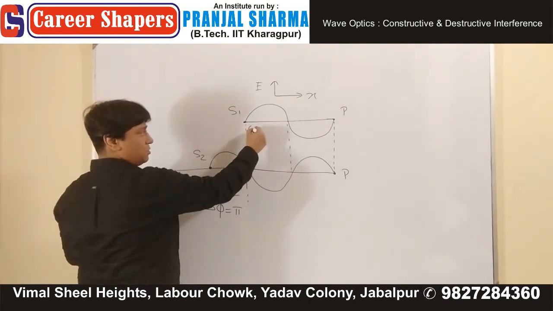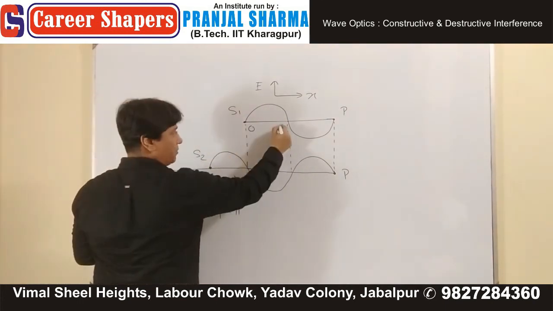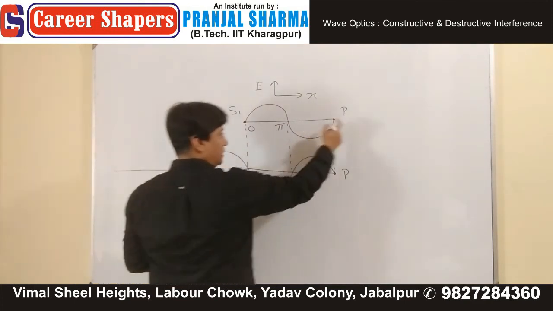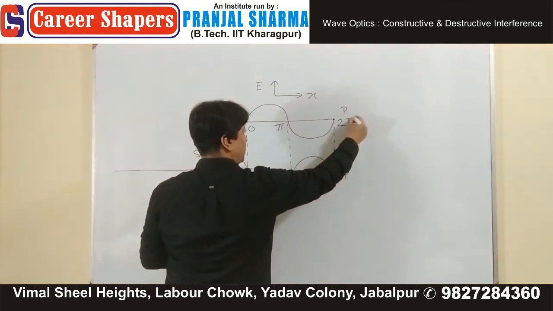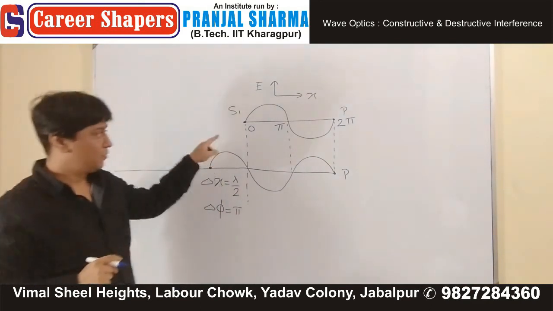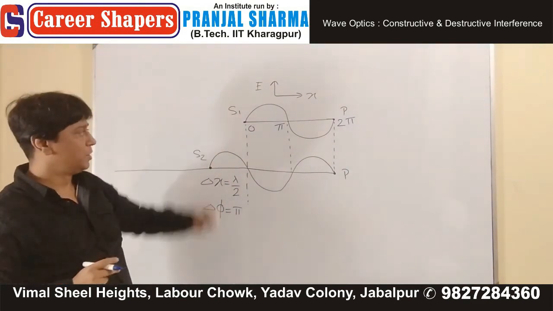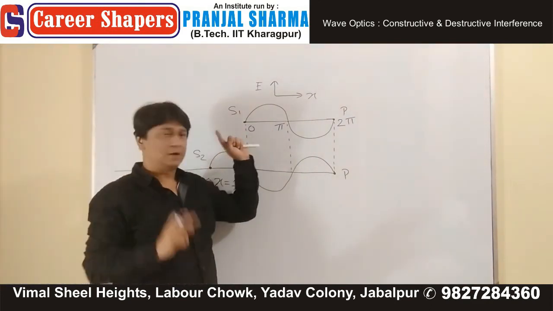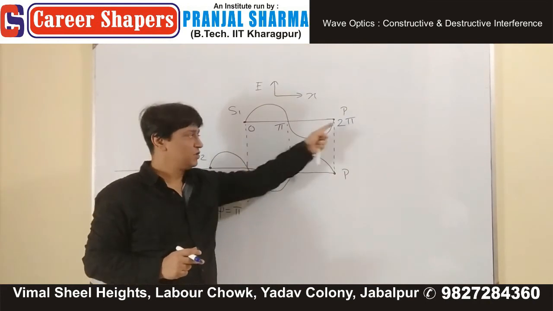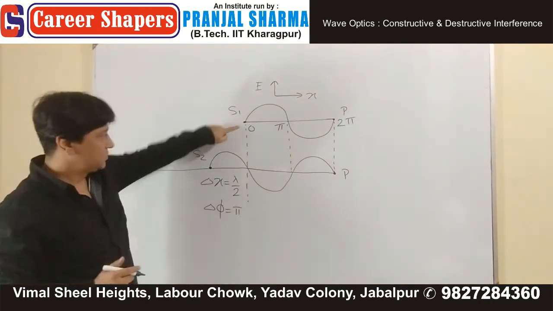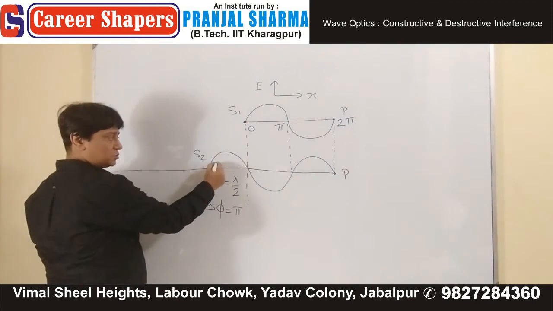How do you arrive at this pi? This is 0, phase, pi, 2 pi, phase wise, and therefore I'm showing the whole thing in blue. Blue means we are mentioning phases at these points. This is 0, let's call this also 0.